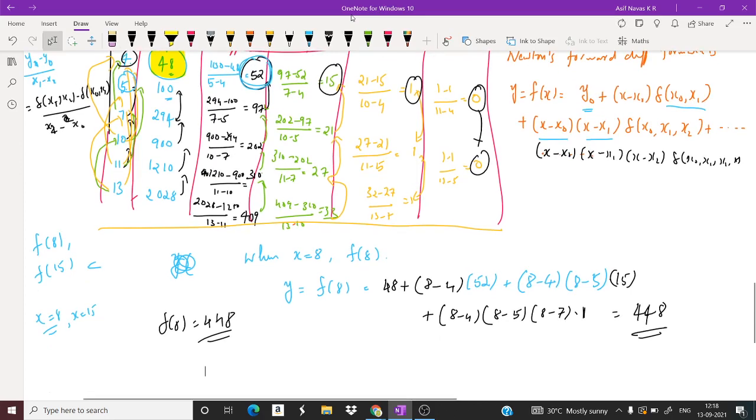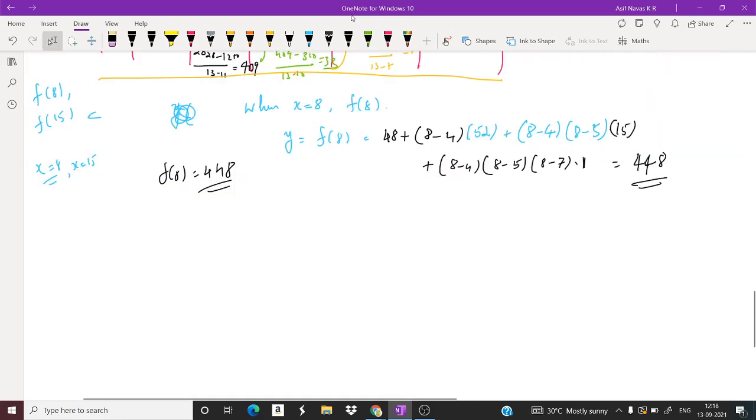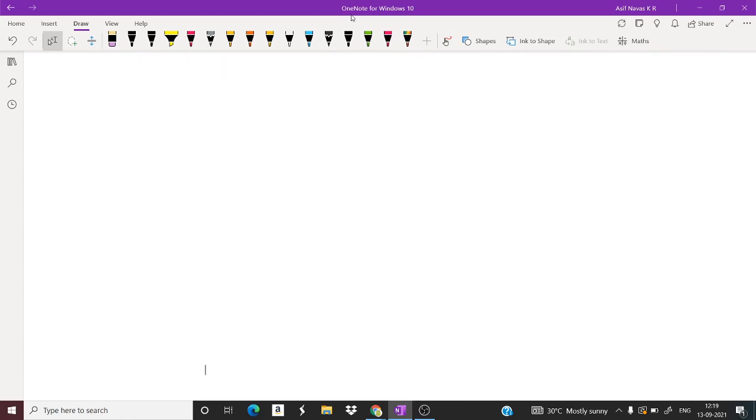Similarly, we can find f of 15, here x equal to 15.